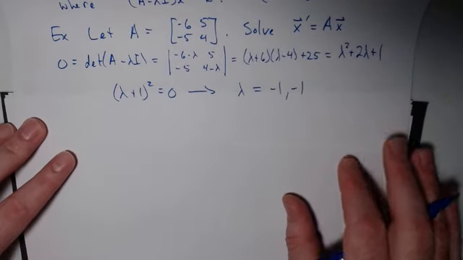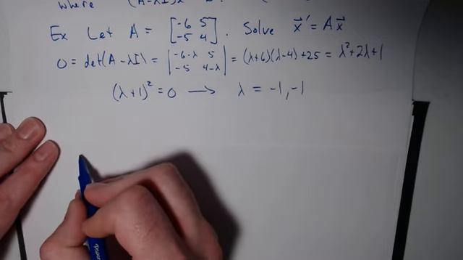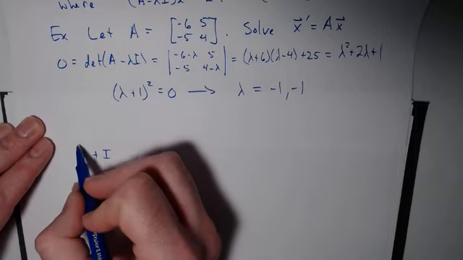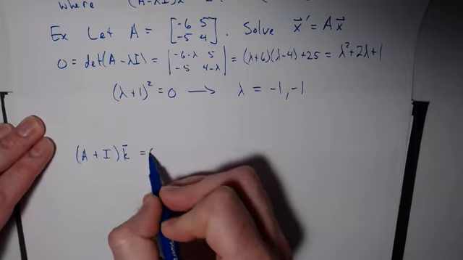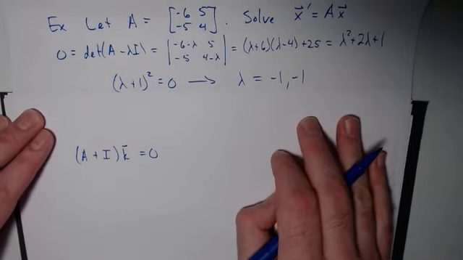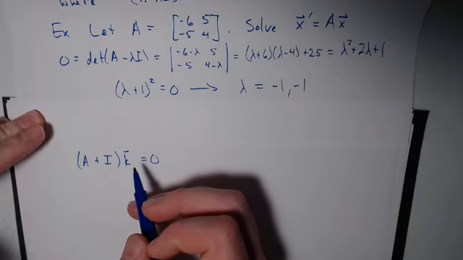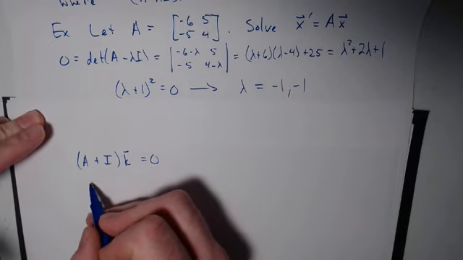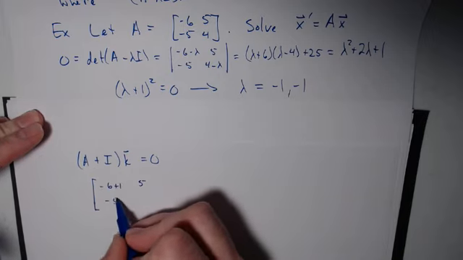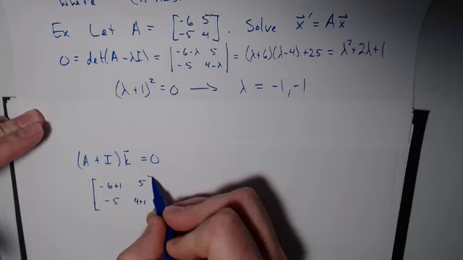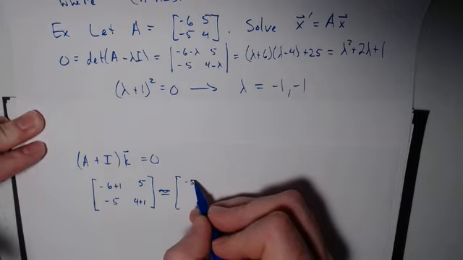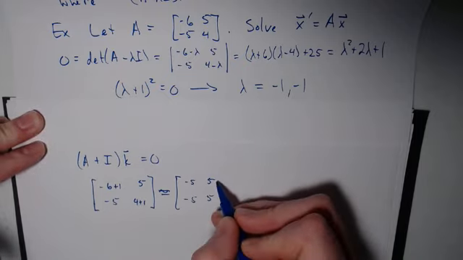So the next step is to take A plus I and multiply it by k and set it equal to 0. That's our A minus lambda I. In this particular instance, that is the matrix [-6 plus 1, 5; -5, 4 plus 1], which is directly equal to [-5, 5; -5, 5].